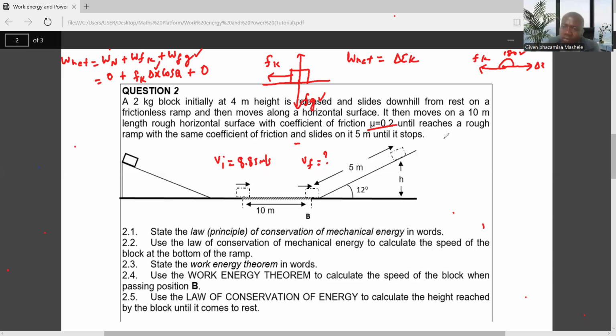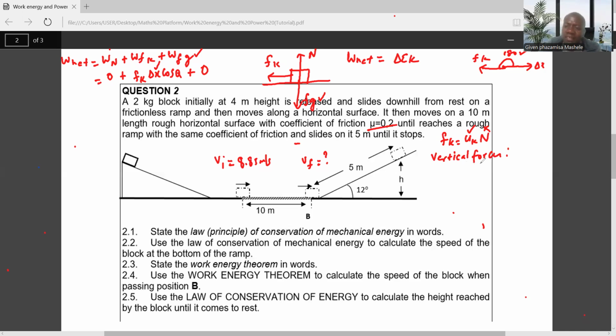To calculate the frictional force, we need the coefficient of friction times the normal. We know this, but we do not know the normal. Remember, the normal force on this object is a vertical force, so we're considering vertical forces only. The vertical forces are the normal and Fg, and they're balanced, in equilibrium, because the object is not moving up and down.